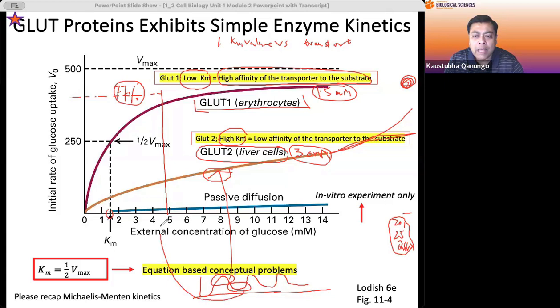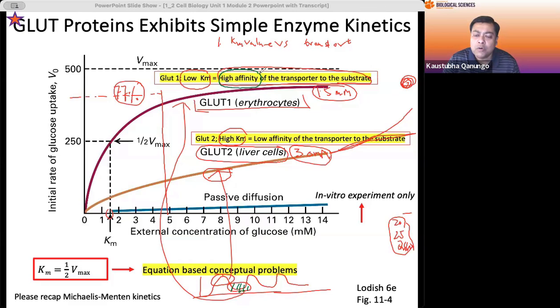But no matter what, the red blood cells and all other body cells have the GLUT1 transporter. So even in between the meals, now see this very carefully, this is the area where the blood glucose level is low. Due to the low Km of the GLUT1 transporter, it can still transport glucose with high efficiency because it has a high affinity for glucose.